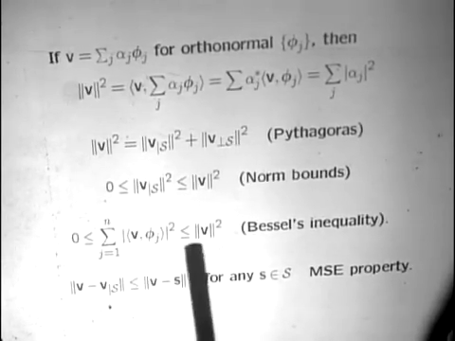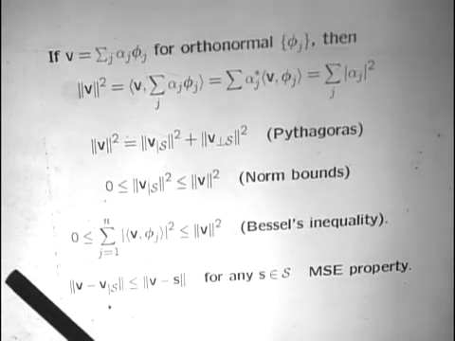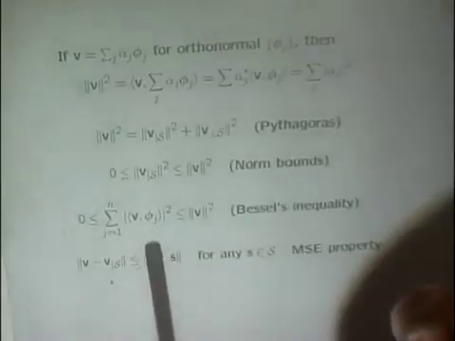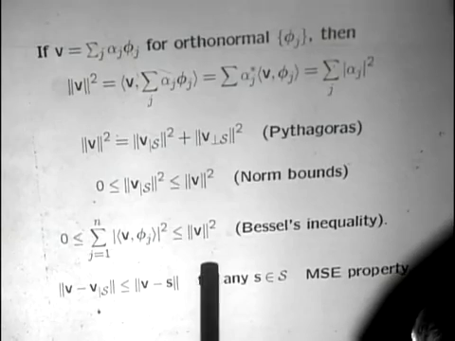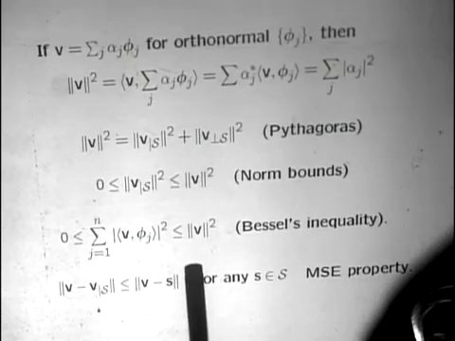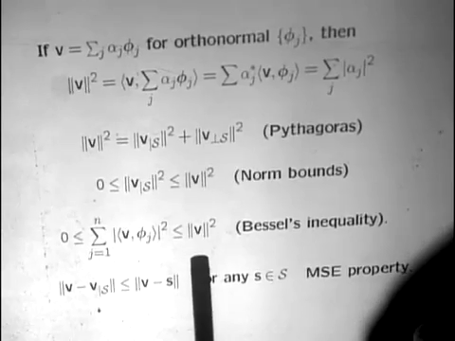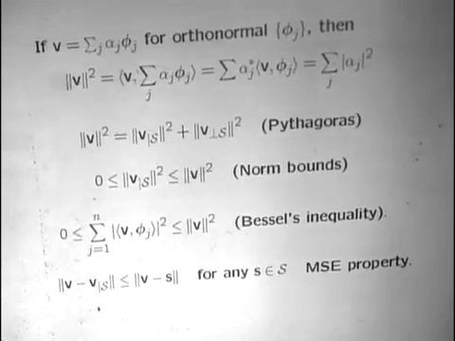That's less than or equal to the energy in V. In other words, if we expand as n gets bigger and bigger, and we take these inner products and square them, no matter how many terms I take here, this sum is always less than or equal to the energy in V. That's called Bessel's inequality, and it's a nice, straightforward thing. And finally, the last of these things.